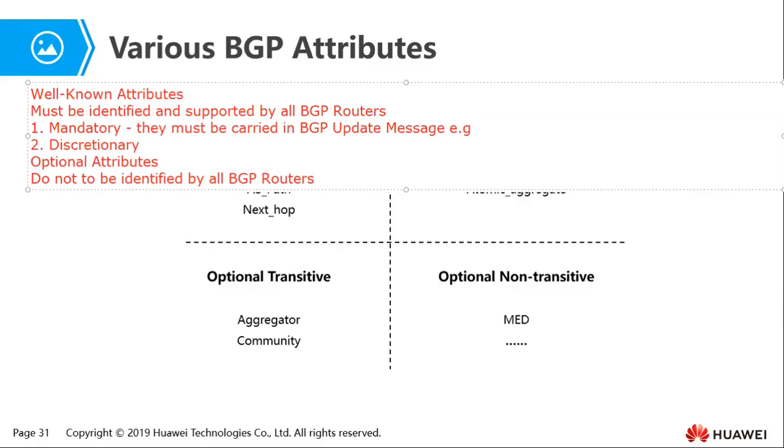So, examples of well-known mandatory include the origin. We're going to look at the origin, the AS path, and also the next hop.